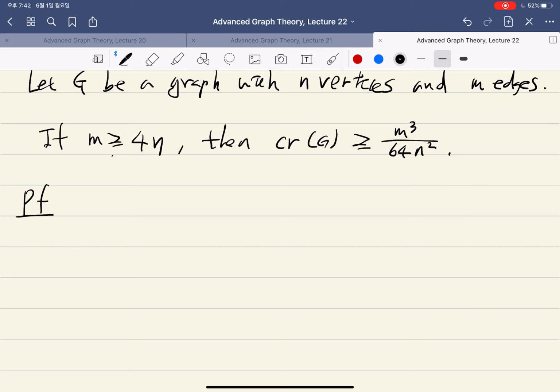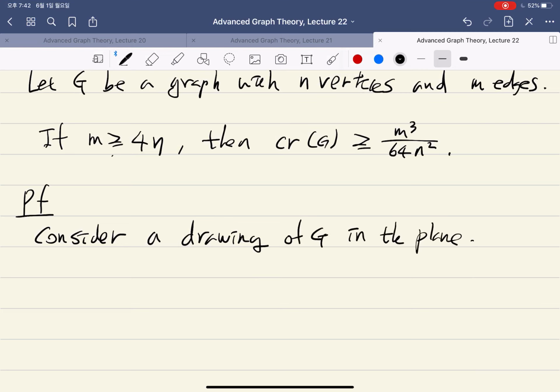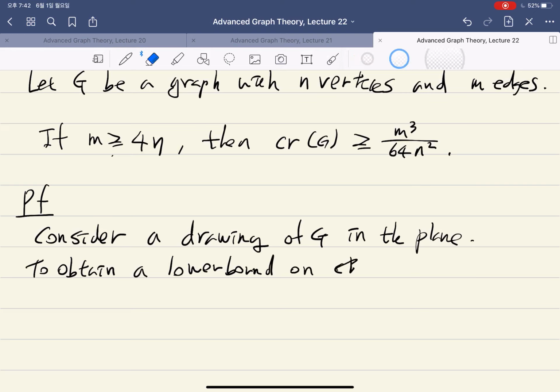Then you get a much better relationship between the crossing number and the number of edges and number of vertices. Let's make it more rigorous. We consider a drawing of G in the plane to obtain a lower bound on the crossing number of G.